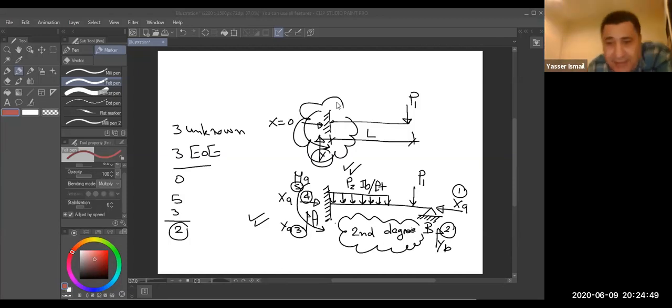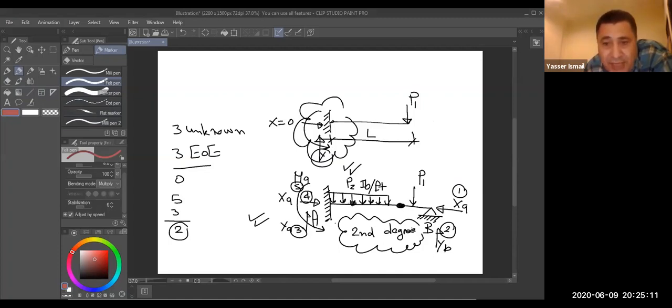In this case, in your exam, he will give you another hint. He will give you a hinge here and another hinge here. What does hinge mean? Hinge is a slice. We call it hinge.